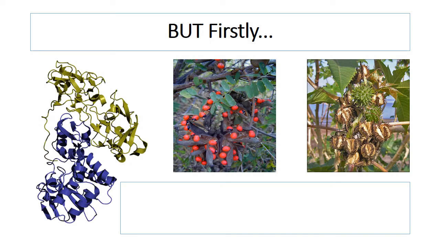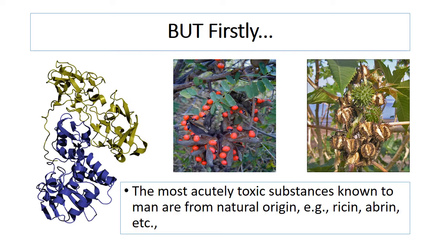Firstly, I'm not sure if anyone recognizes those plants, for those who work with plants. On the right here, we've got Ricinus communis, and on the left here, we've got Abrus precatorius. Interestingly, when you study the literature, the most toxic substances known to man are actually of natural origin.